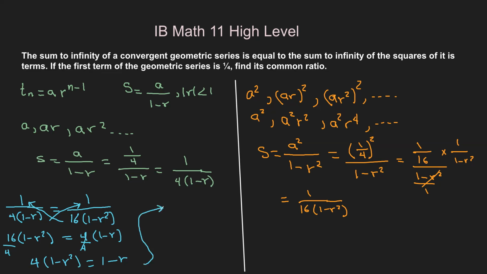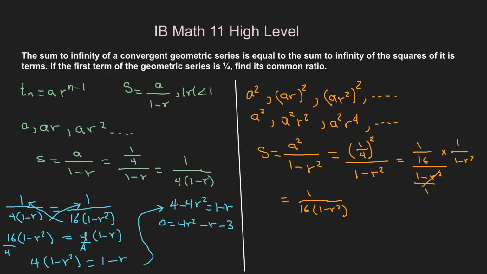Then I'm going to distribute the 4 inside: 4 minus 4R squared equals 1 minus R. I'm going to move everything to one side and equate it to 0. So I have 0 equals 4R squared minus R minus 3.